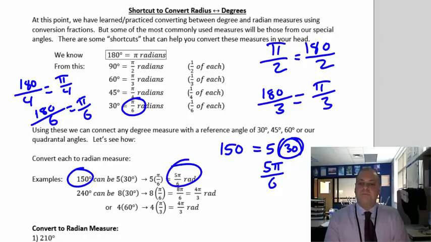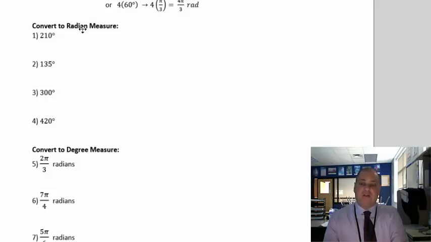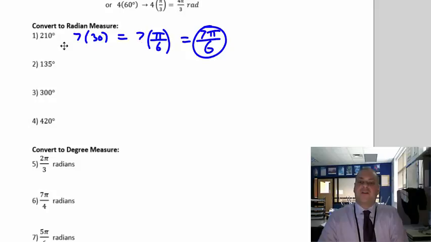Okay, and that's how we get that. So we're going to do a few here. 210 can be factored, right? 210 is how many 30s? 7 30s. It's 7 times 30. So that's 7 times pi over 6. 30 is pi over 6, and that's 7 pi over 6. That's a shortcut to converting from a degree to radians.